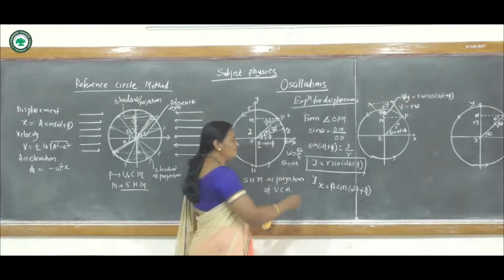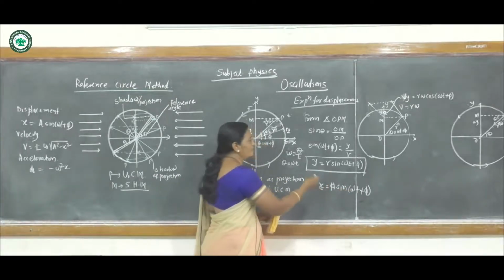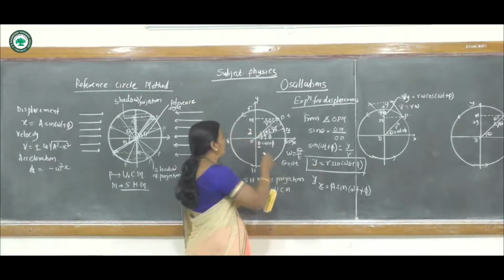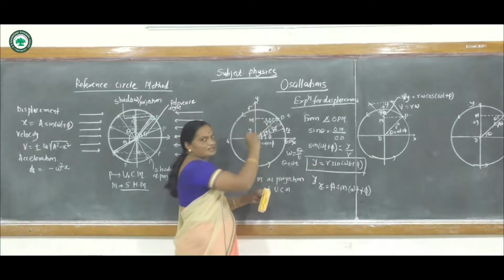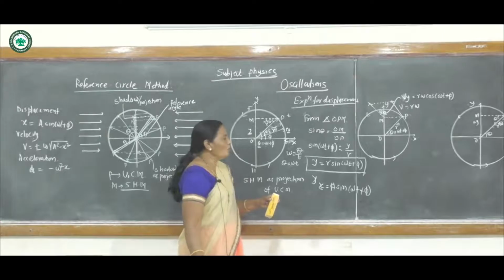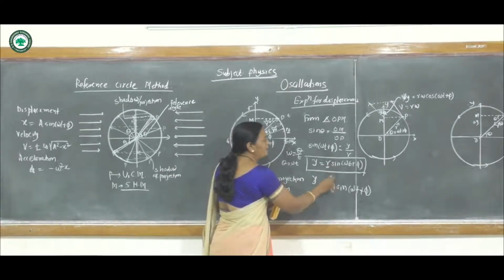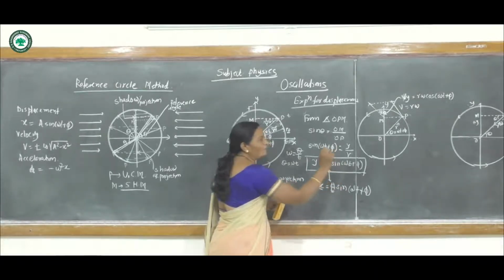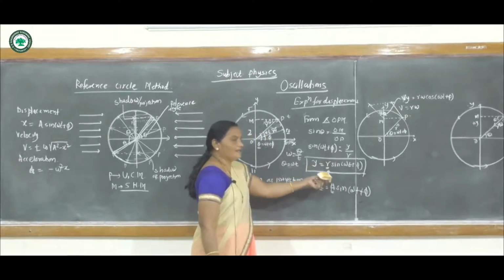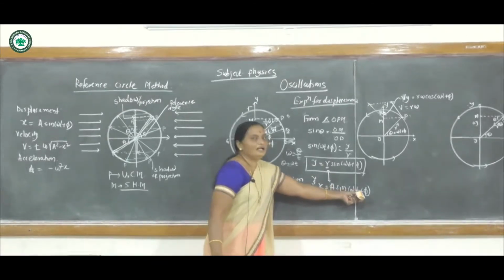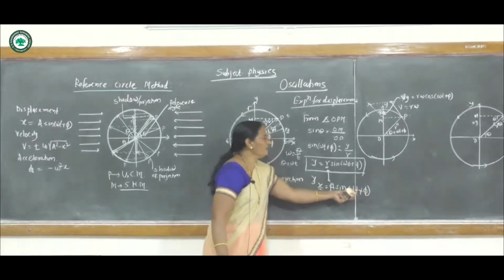In this case, this is the displacement along the x-axis. Here, this is the displacement along the y-axis. r is the amplitude here. Then omega t plus phi is theta.